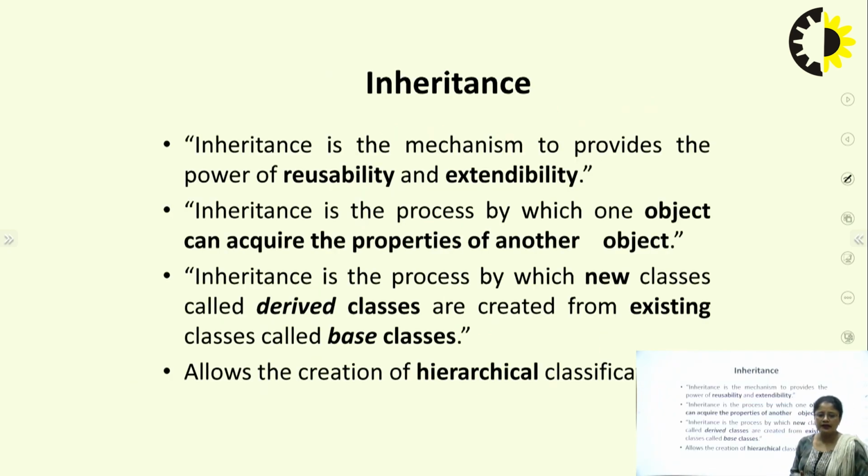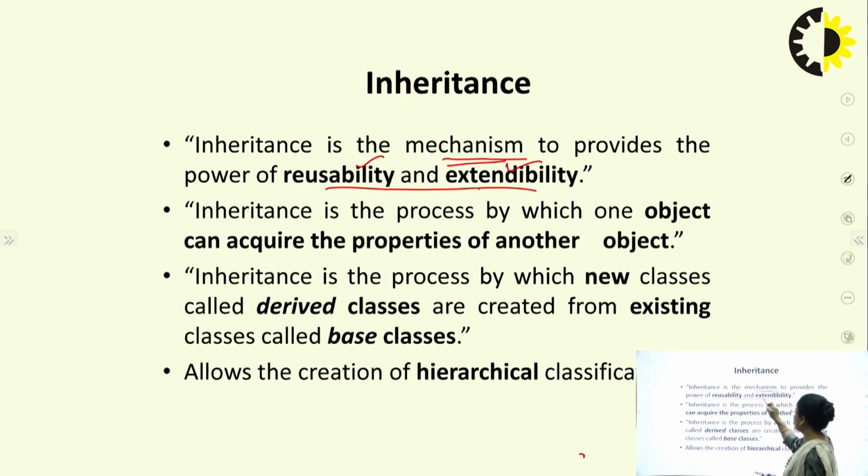To define more in detail, we can say inheritance basically is a mechanism to provide the power of reusability and extendability. How does it do so? We have the base class and we have the derived class which is inheriting from the base class. So whatever is there in the base class is being reused in the derived class, and hence we can say it utilizes the power of reusability, and also the derived class adds some extra features.